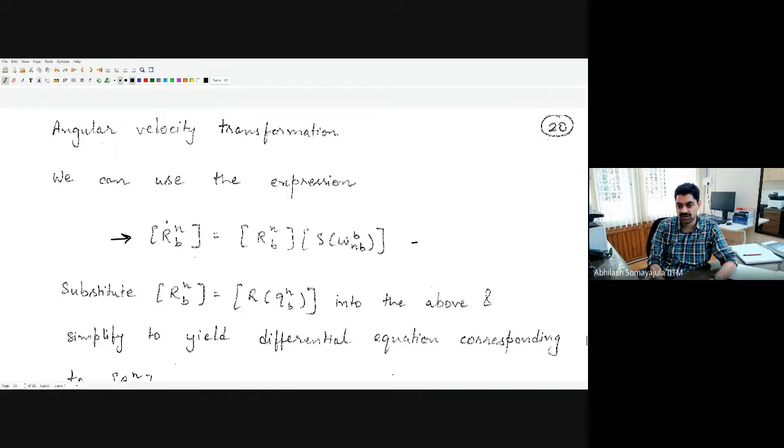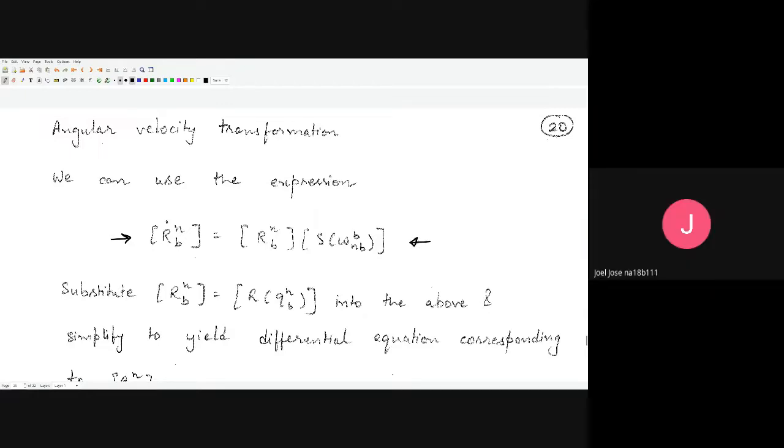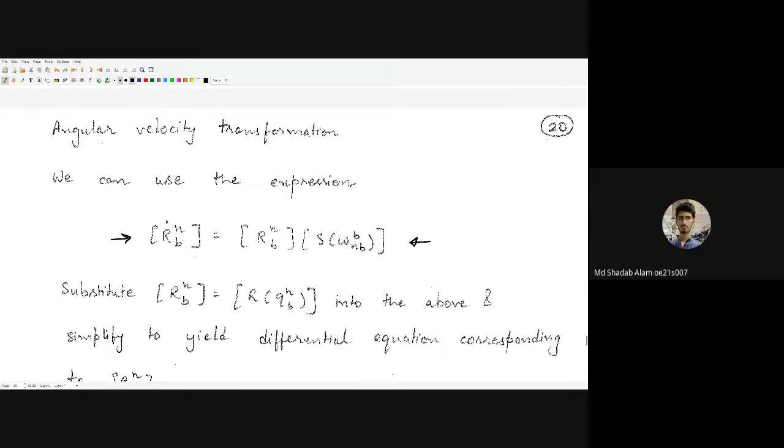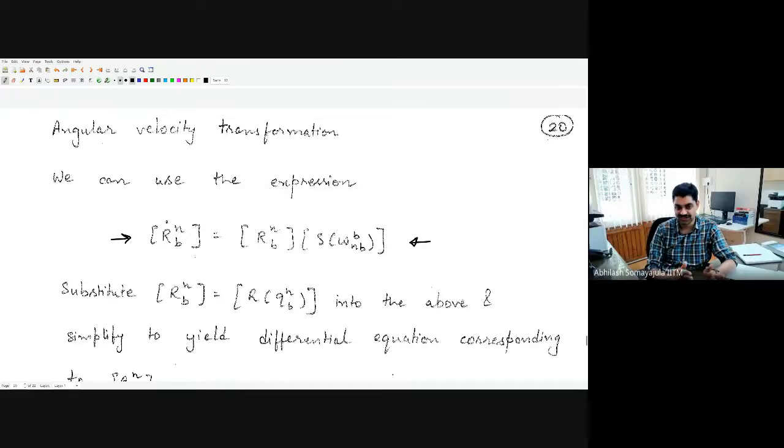Does everybody recall this? We talked about the idea that there will be 9 differential equations characterizing the derivative of a rotation matrix.